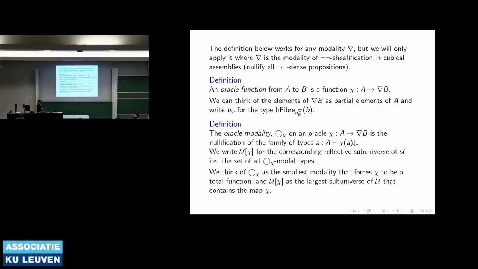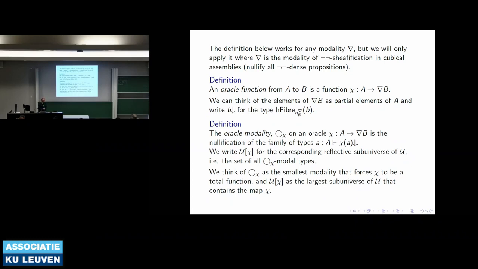Okay, so the oracle modality on an oracle is just a nullification of this family of the propositions that chi A is a total element of nabla B that is defined.